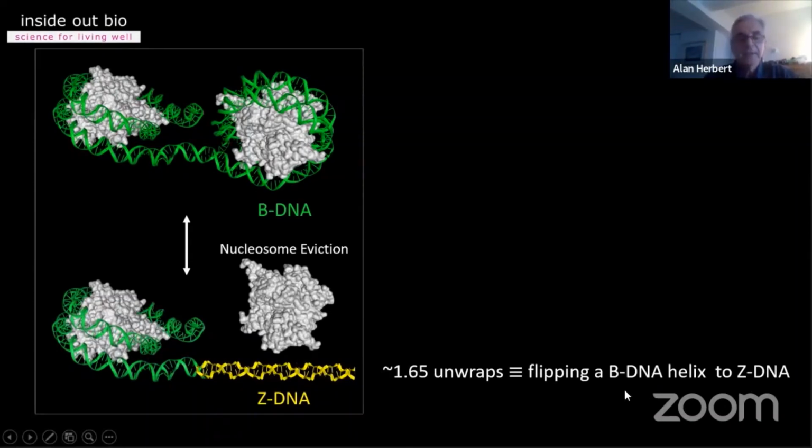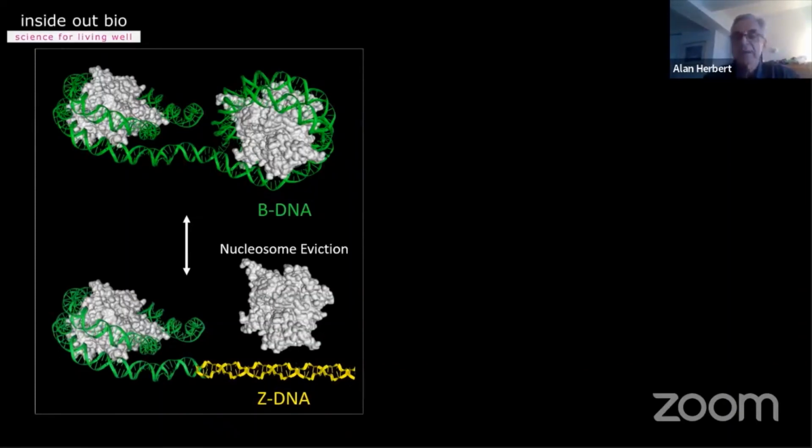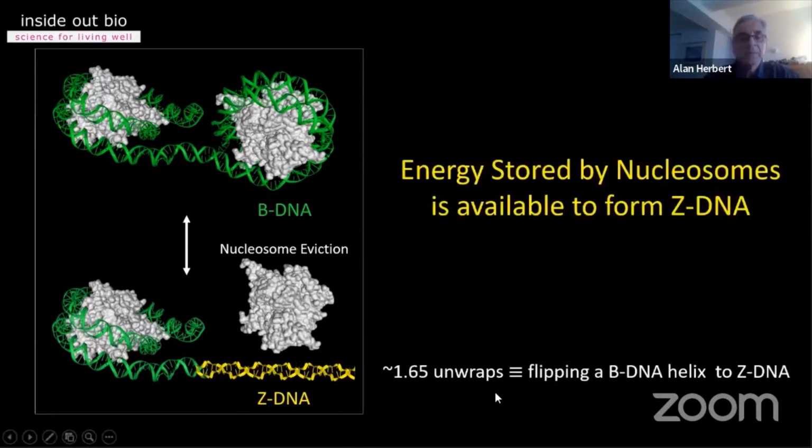So this is another way of using histones to regulate gene expression and also to regulate the conformation. So if you start thinking of nucleosomes in this context, you think that the nucleus has a whole bunch of energy stored in these conformations and these structures that is waiting to be unlocked. And if you can unlock that energy, then you can stabilize these alternative DNA conformations and you can use it to do interesting biology.